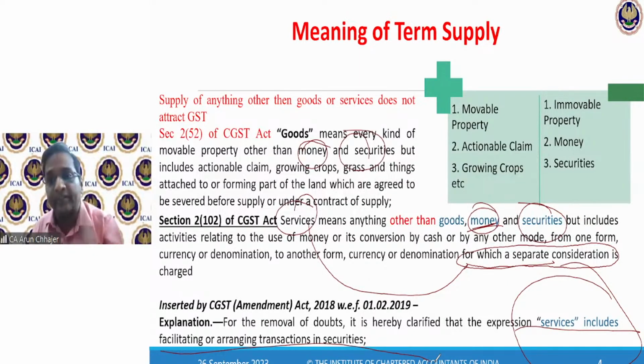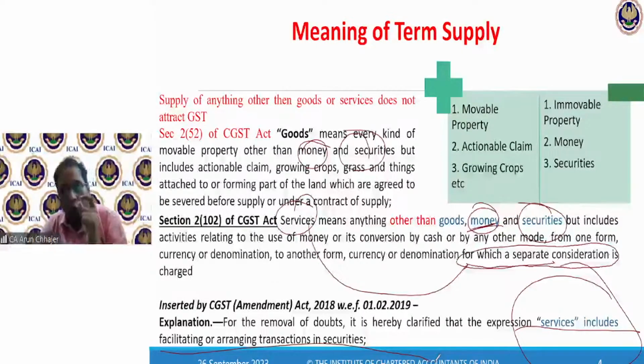So security per se is not the supply, not the goods or services. Money is not the goods or services. But if you are converting the money from one currency denomination to another form, it is a service. Let's say I have the demat account with my broker, Angel Broking, Motilal Oswal, for which they are charging some amount.